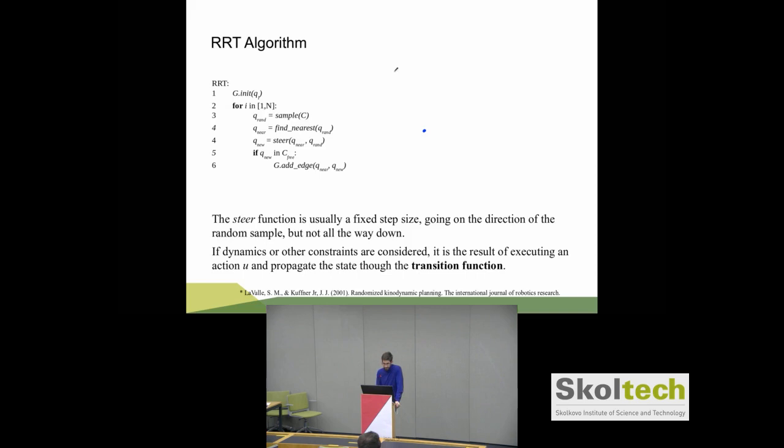Well, as I said, first of all, we need to sample, and then we sample from all configuration space. We have this random configuration. Then the random configuration is just looking for the nearest in the tree. And then the steer function, this thing that I was talking about before, is just extending things.